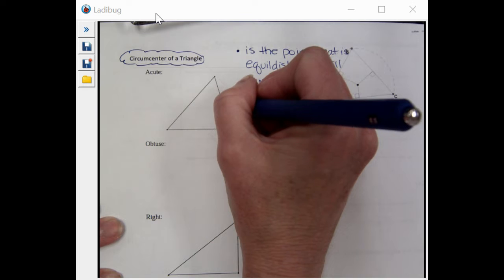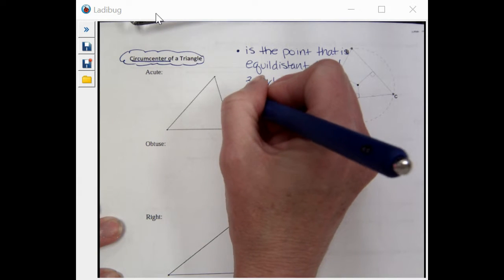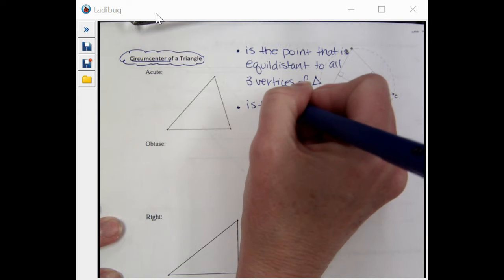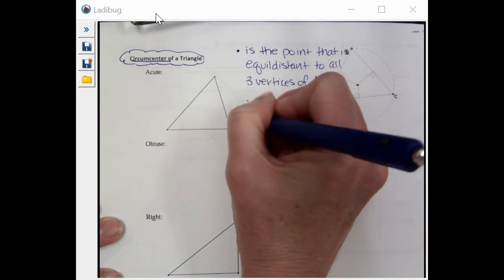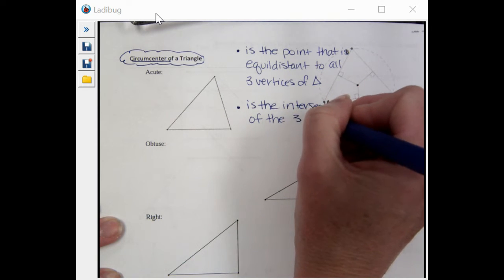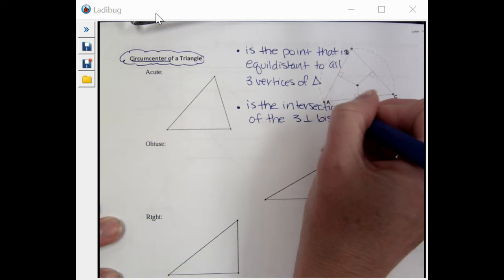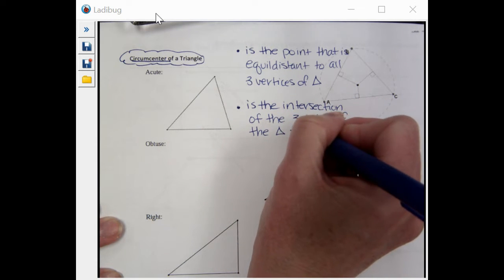A circumcenter is also the intersection of the three perpendicular bisectors of the triangle sides.